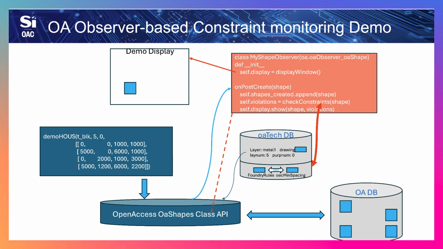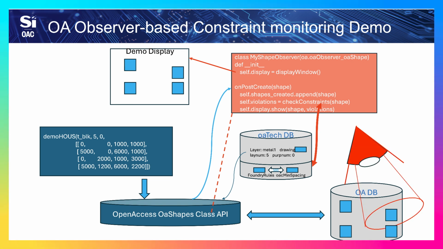So it updates the display every time. And then on the 4th one, the observer is going to find a violation because that shape is too close to the other one. So it's going to record the violation for us.